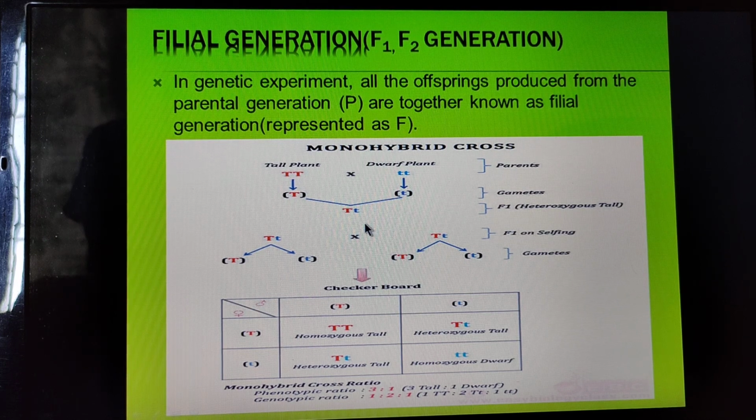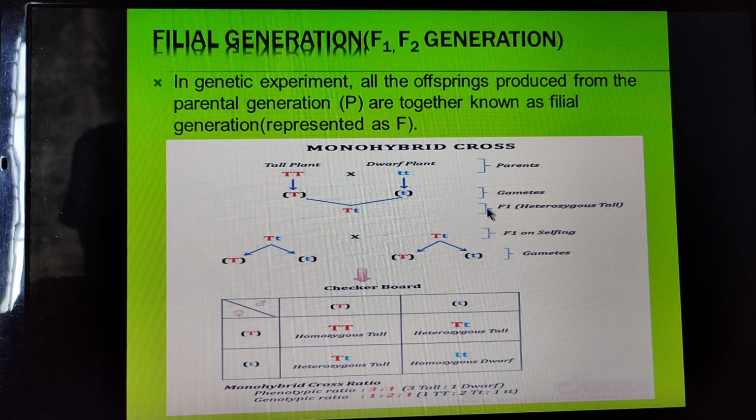Here, the hybrid tall pea plant can also be called the heterozygous tall pea plant. The cross between the tall pea plant and the dwarf pea plant is cross pollination.